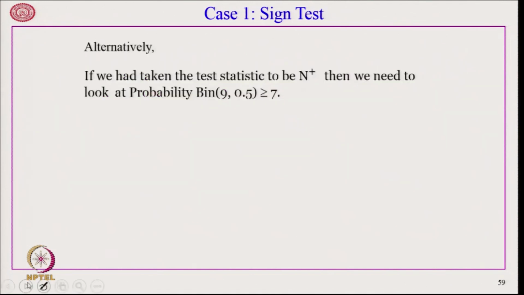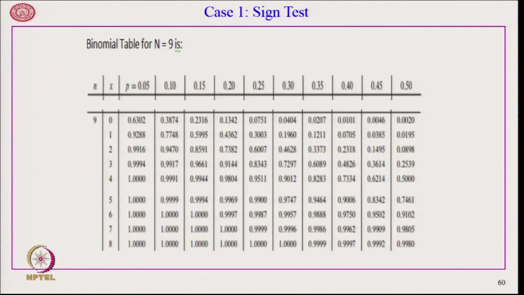Alternatively, if we had taken the test statistic to be n plus, then we will have to look at the probability that a binomial 9, 0.5 variable takes value greater than or equal to 7. Let us look at the binomial table again.